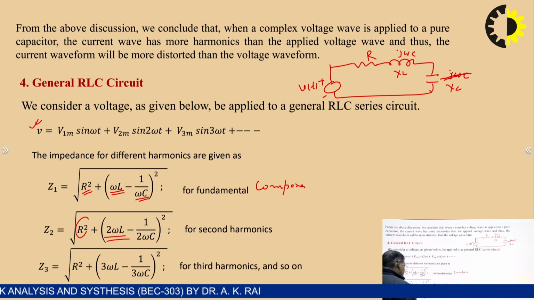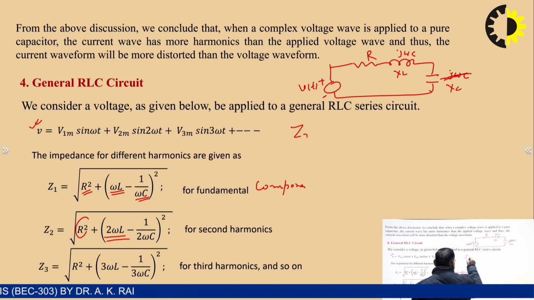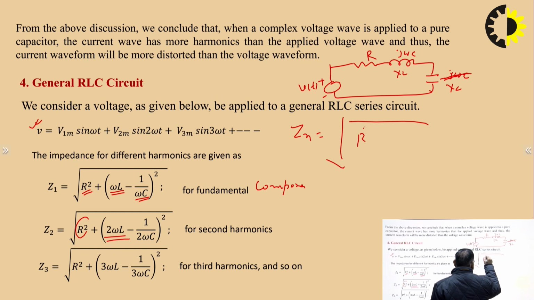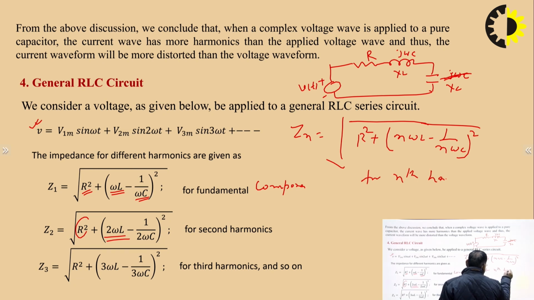So this is for the third harmonic. So for the nth harmonic we can have Zn is equal to the square root of R squared plus (n omega L minus 1 by n omega C) squared. So this is for the nth harmonic. So impedance is changing with the change in the frequency.